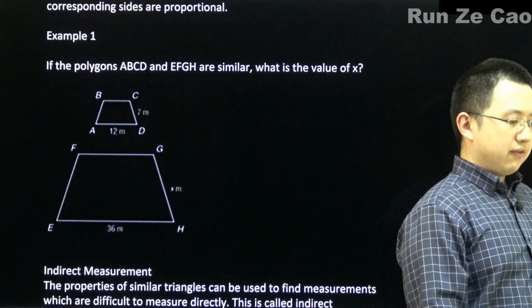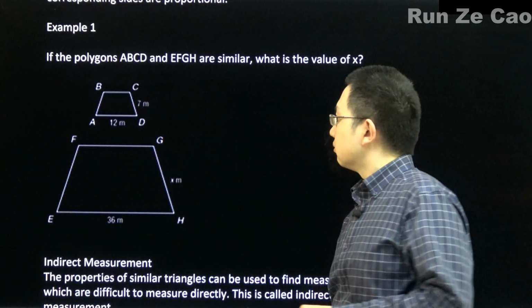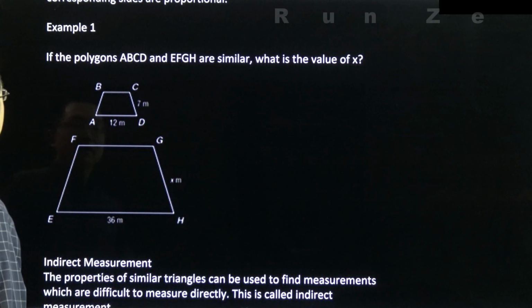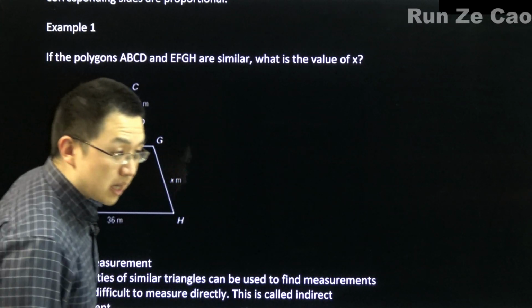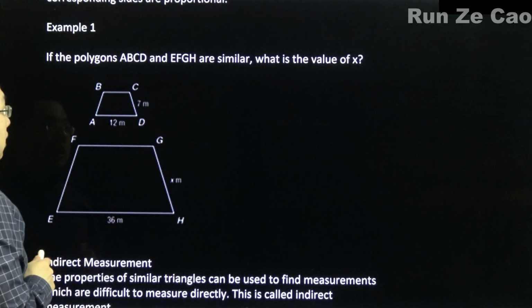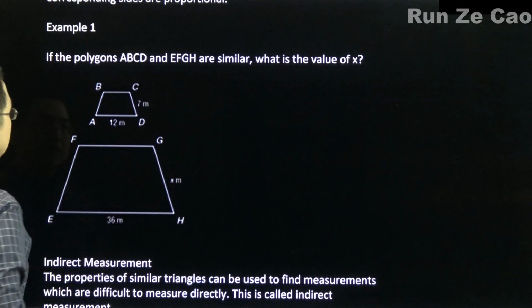Now let's say we have these two polygons. They look like trapezoids, but we're not sure. It's not stated, so we don't assume. So we have these which are similar. What is the value of x?